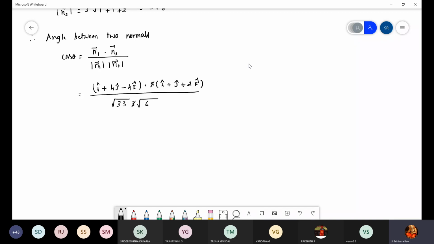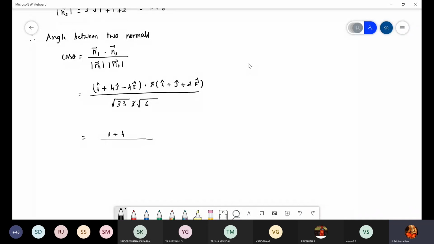Now apply the dot product. What will be the solution of the numerator? Step by step we'll go. i dot i is 1, means 1 into 1, plus 4j dot j, that is 4 into 1 is 4. Just multiply the coefficients of the corresponding vectors, but don't write ijk because it is a dot product.